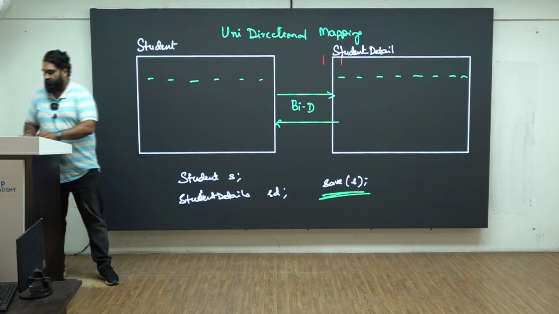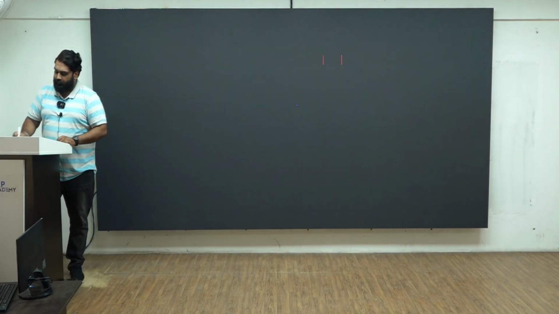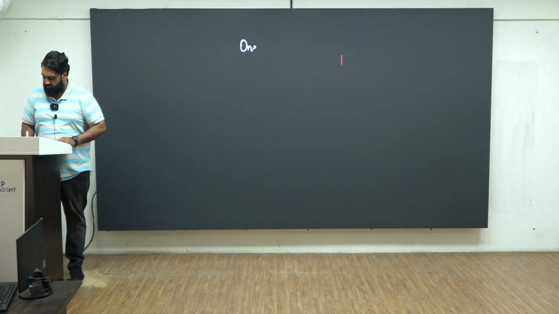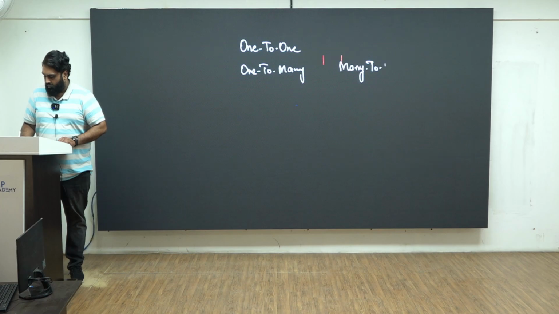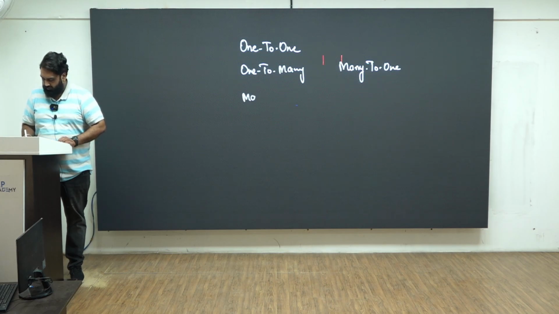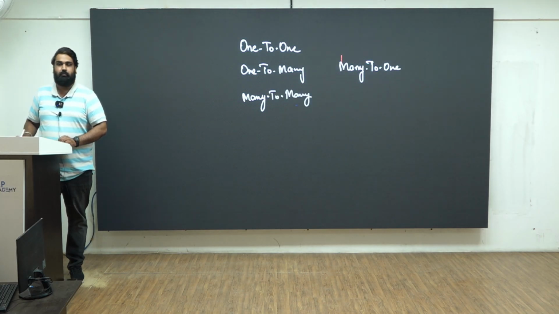So, what are the types of mappings that I have? One thing you need to understand is I have one-to-one mapping. Then I have one-to-many, and they also call it many-to-one mapping. And I also have many-to-many mapping.